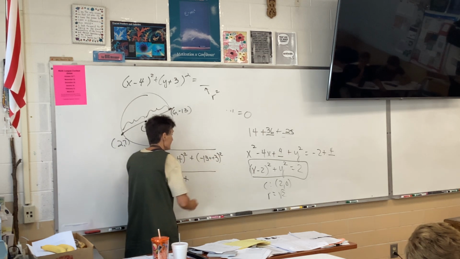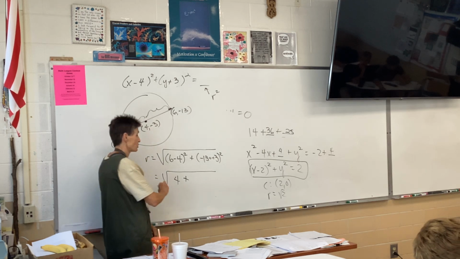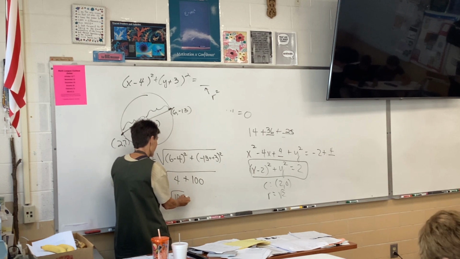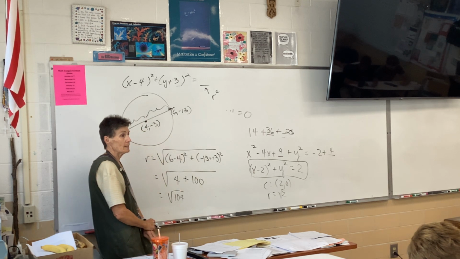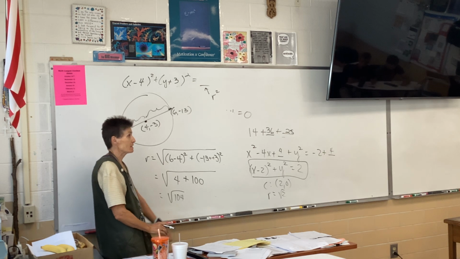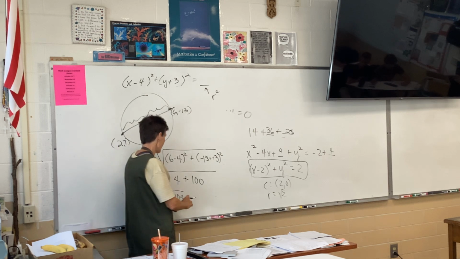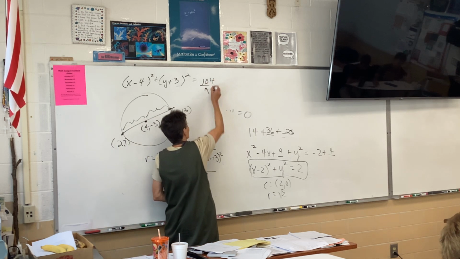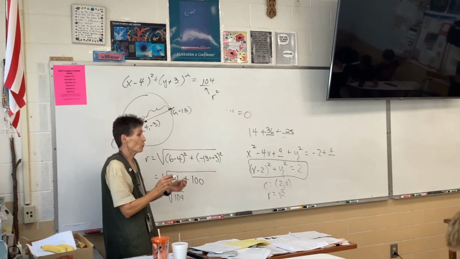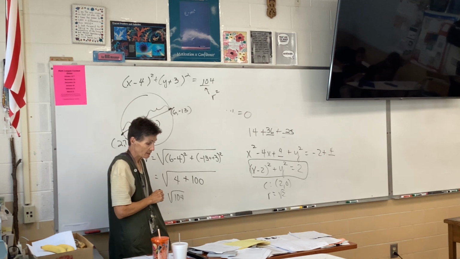Negative 13 plus 3 is negative 10, squared would be 100. So my radius is root 104. Now don't waste your time simplifying that, because what goes in your equation? R squared. So it's just going to be 104. It's not going to hurt to simplify it, but it certainly isn't necessary.